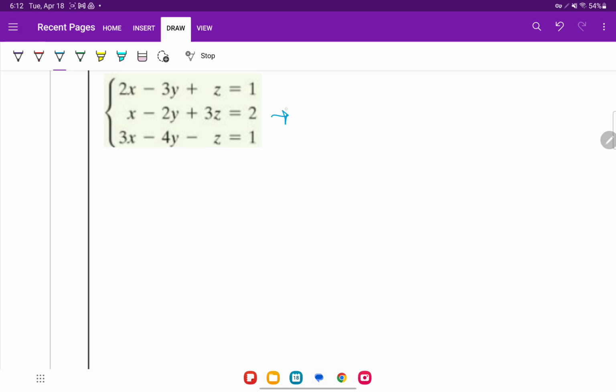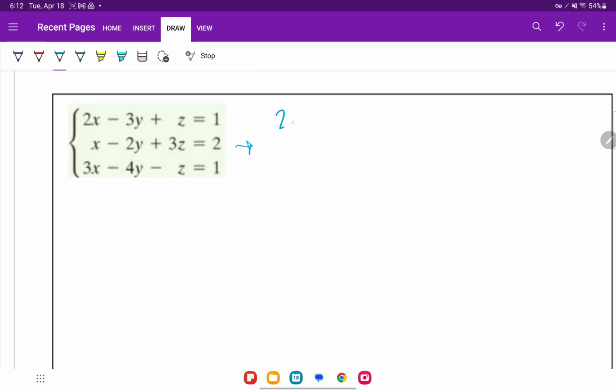So my augmented matrix here is going to be 2, -3, 1, 1, 1, -2, 3 and 2, and then we have 3, -4, -1 and 1. All right, first thing I'm going to do is interchange rows 1 and 2.